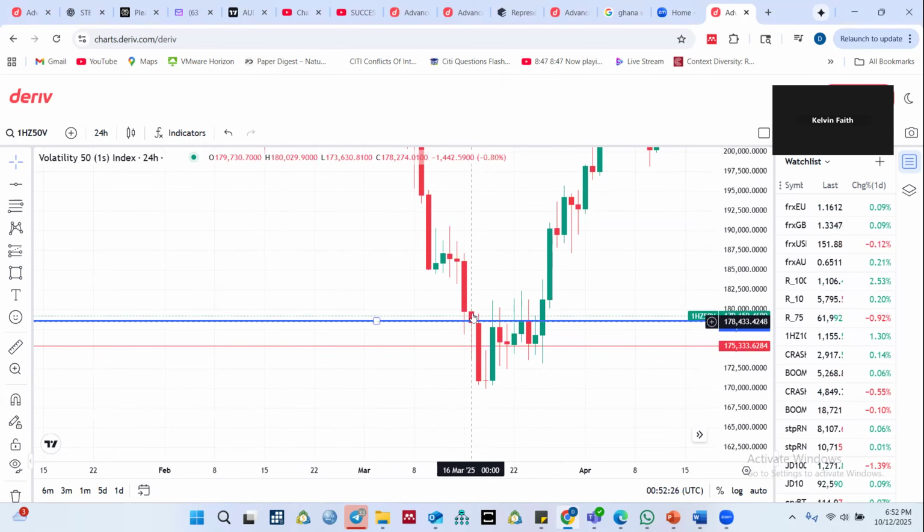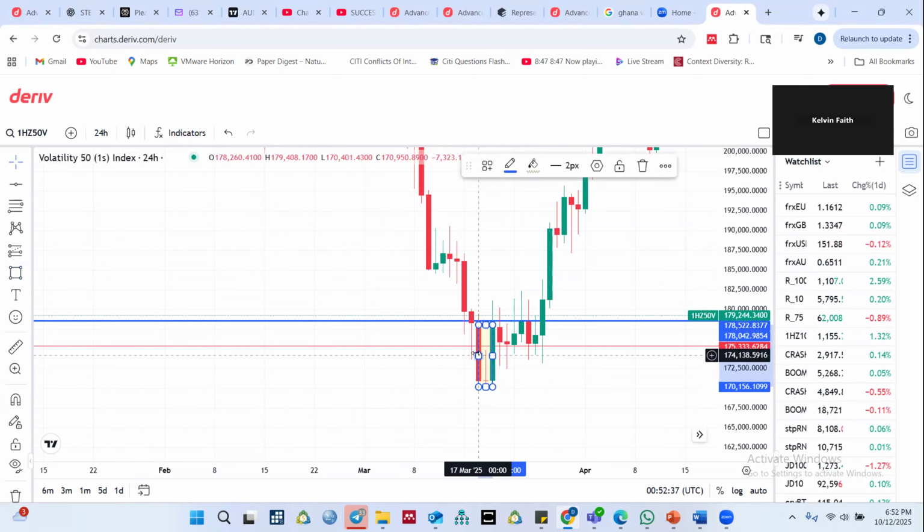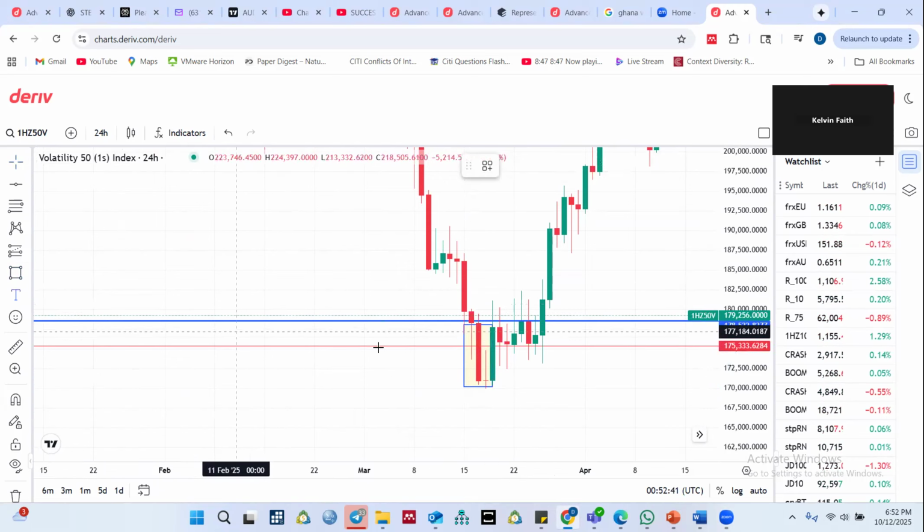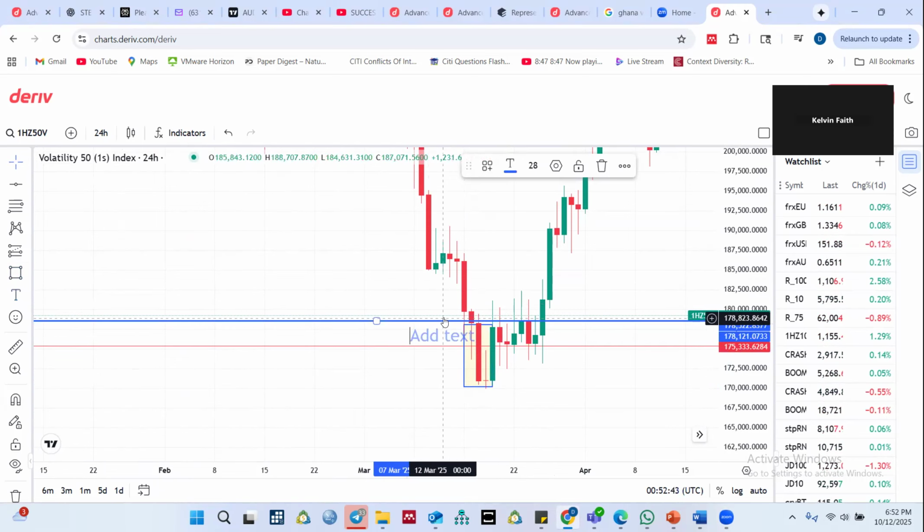Okay, so it rejected up. But the next bearish candle took off and closed below both the blue and the red line. This is the market giving us an intention that sellers will be very, very active below both the blue line and the red line.